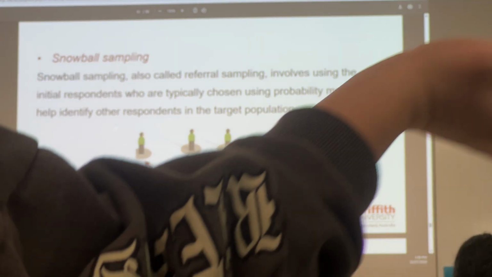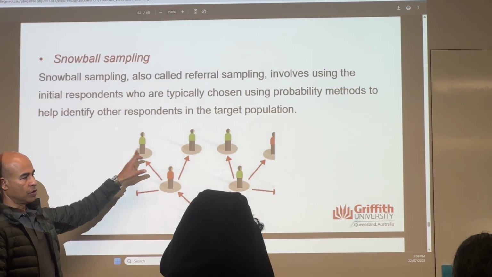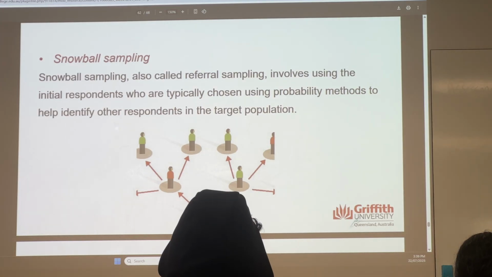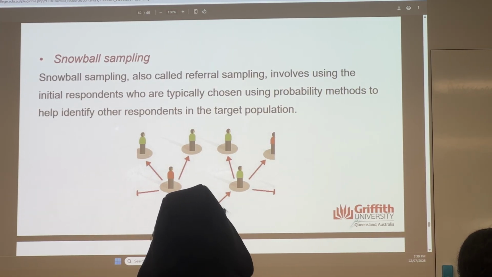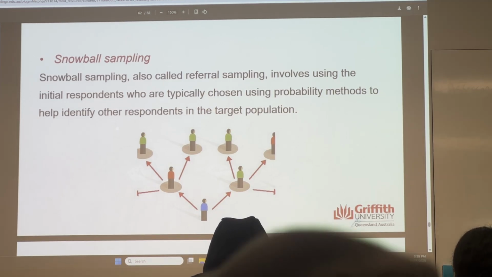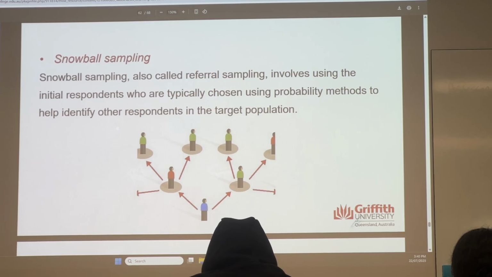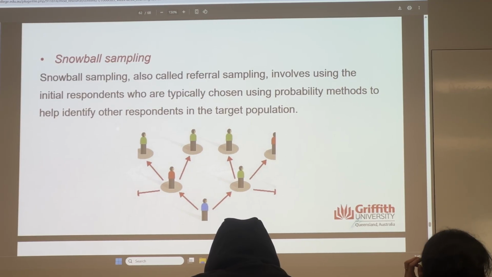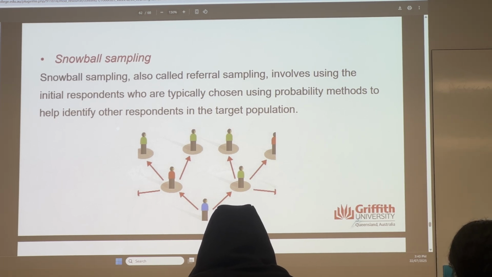Then we take another one and ask him to introduce one more. So you increase your sample using the snowballing method. That's how we usually reach criminals too. They introduce others through questioning or investigations, because you can't pick someone randomly and say this is a criminal. You can pick someone randomly, but you can't pick this type of people randomly.